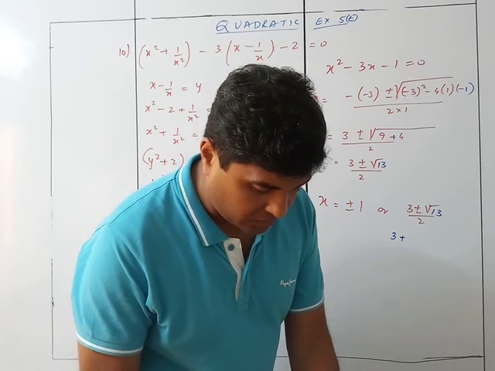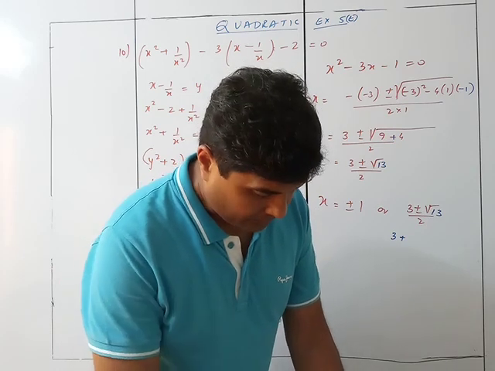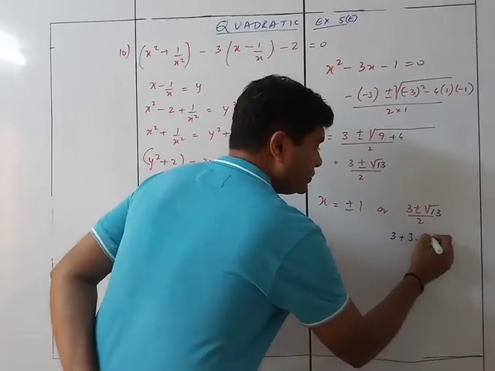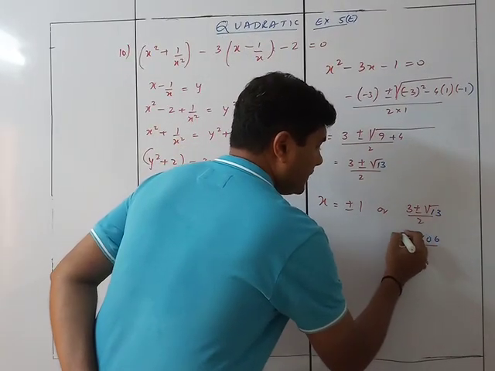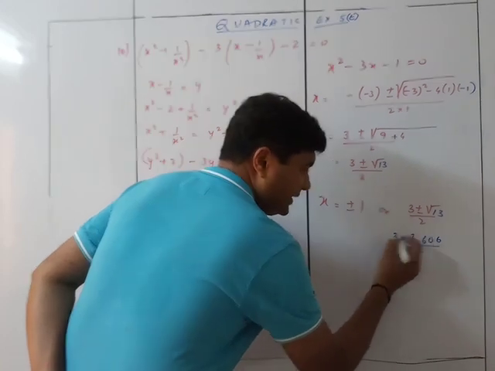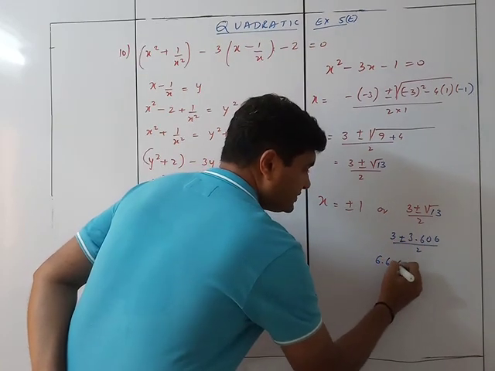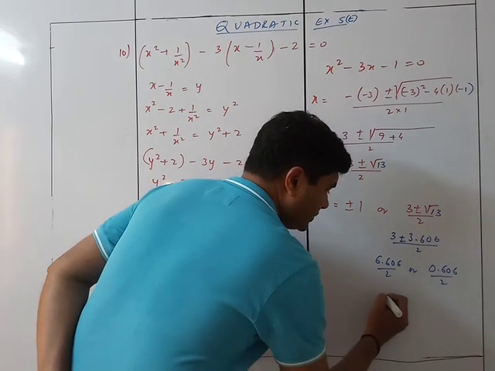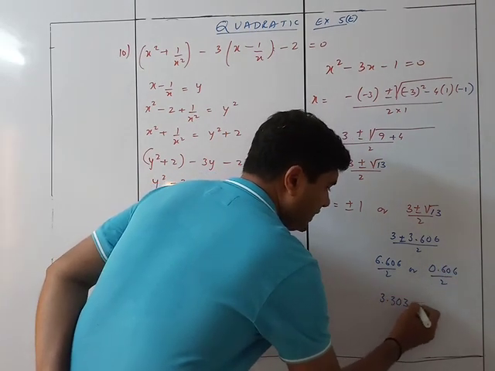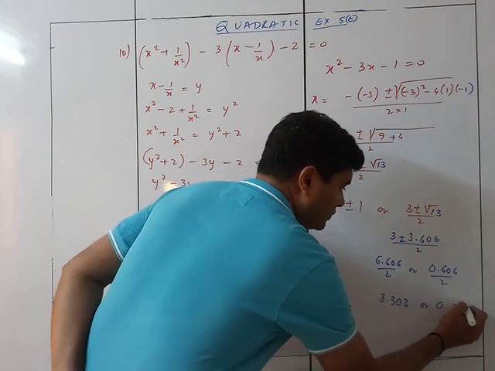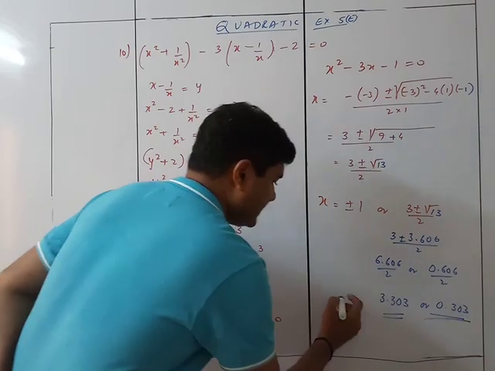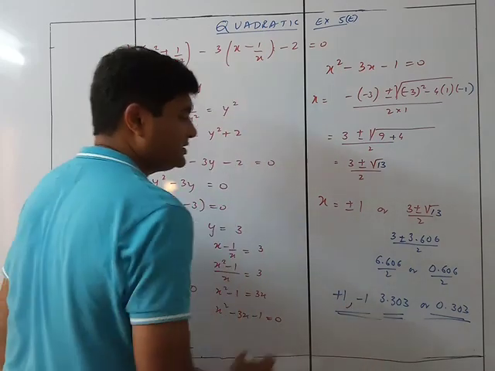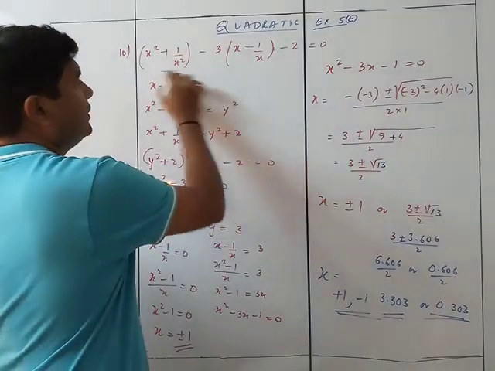So it is 3 plus or minus 3.606 upon 2. If we add, it is 6.606 upon 2, or if we subtract, 0.606 upon 2. So that will be 3.303 or 0.303 as the answers, or it would be plus 1 or minus 1. So these are the 4 answers for the value of x for this equation.